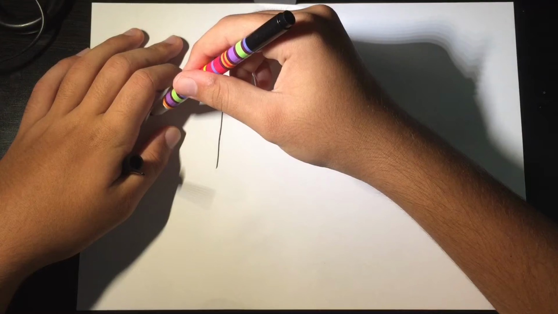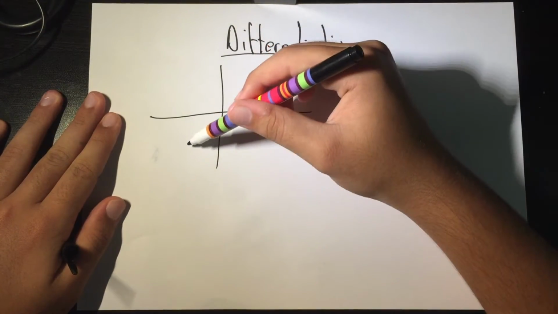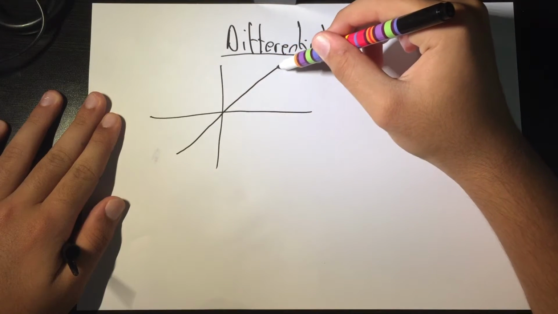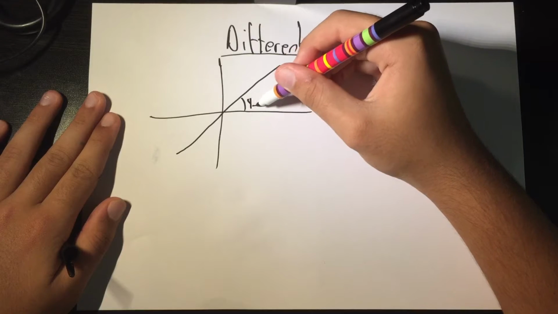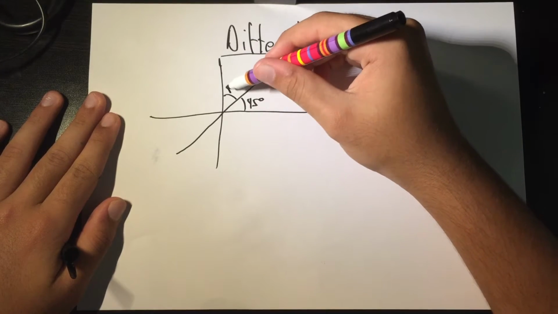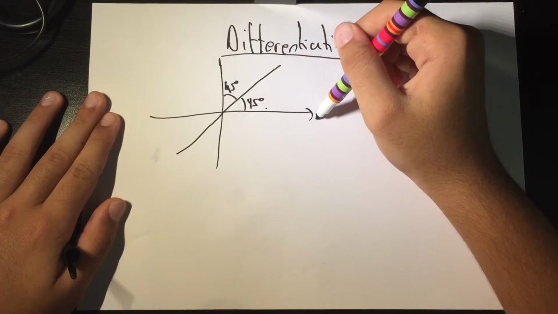So here I'm going to draw a really simple function, just a straight line going up at 45 degrees to the x-axis and the y-axis.